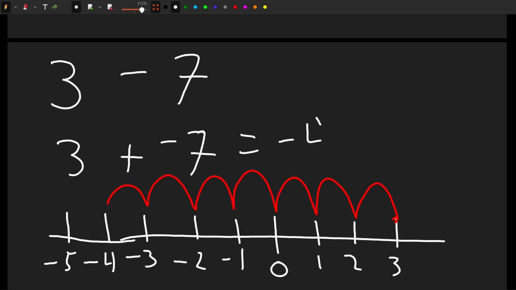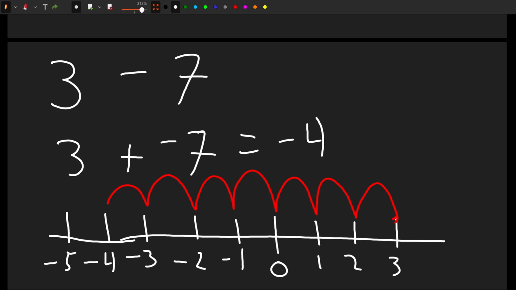And that's not immediately obvious to us if we just try to do what's 3 minus 7. We don't immediately know that it's negative 4, but with the use of our number line, we can see definitively that it is negative 4. And so that's the trick when it comes to subtracting integers.